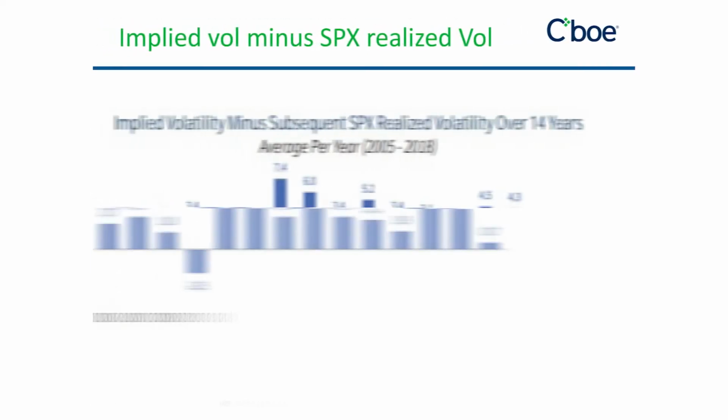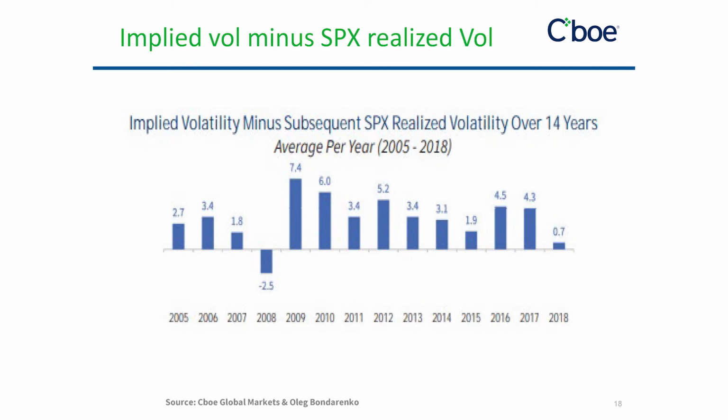The second visual is 30-day forward expected S&P 500 volatility as represented by the VIX index minus the subsequent 21 trading day realized volatility for the S&P 500 index. This is what many practitioners, specifically those that believe in the potentially unique opportunities for alpha associated with the short option strategies, typically refer to as implied volatility risk premium.